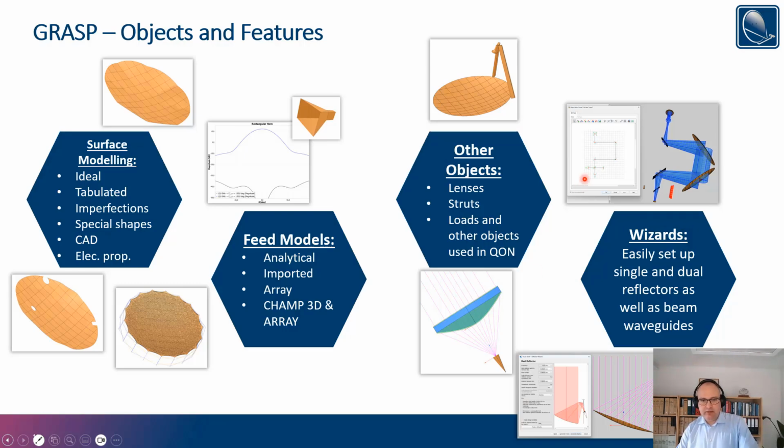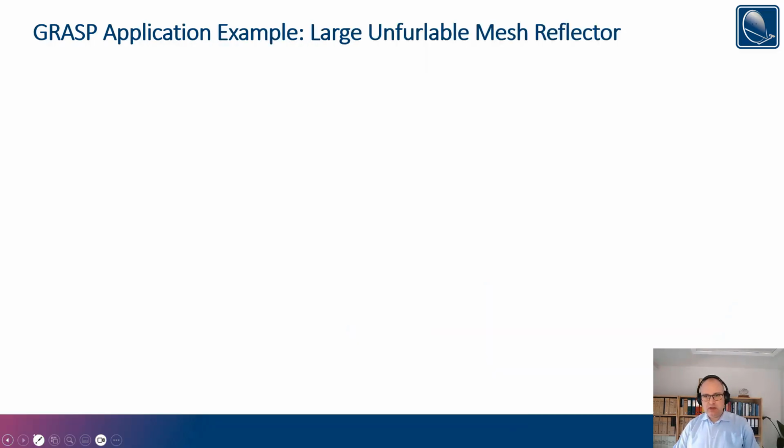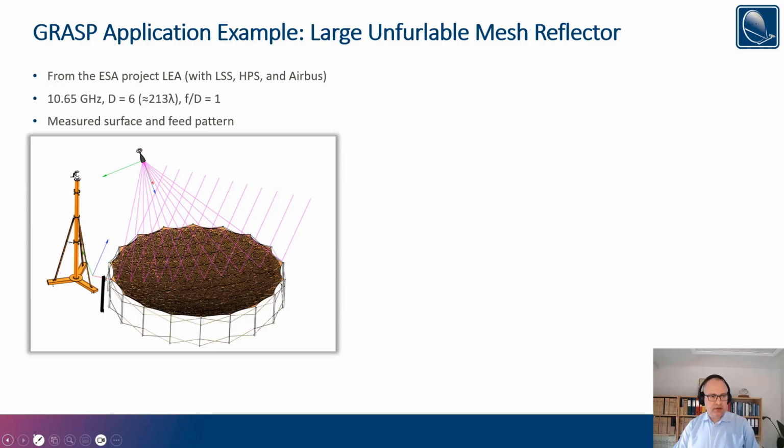And we also have what we call the Quasi-Optical frame, which allows you to set up very advanced beam waveguides. And the wizard will then help you make sure that all the reflectors in that beam waveguide are located correctly.